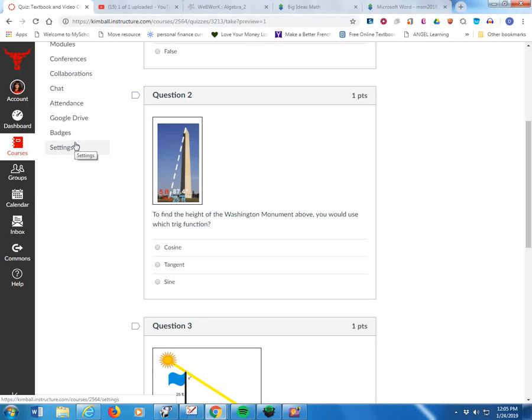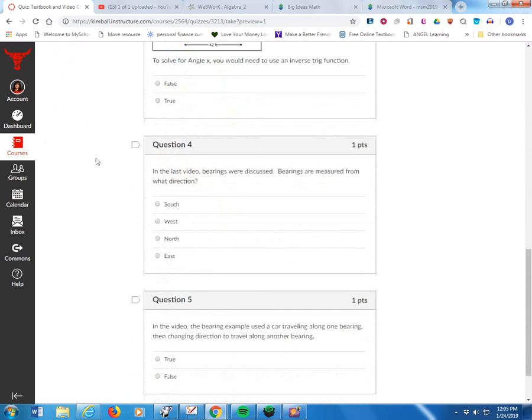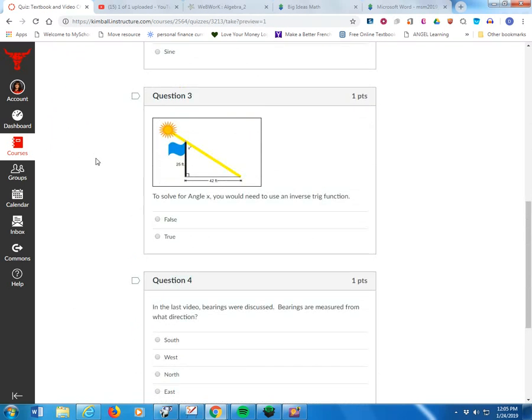Well, if I want the height, that's opposite, and I have adjacent, so I would use tangent. To solve for angle x, you would need to use an inverse trig function. True, you always use inverse trig functions to find angles. You use regular trig functions to find sides. So if I'm looking for the angle, I'll have to use an inverse trig function.